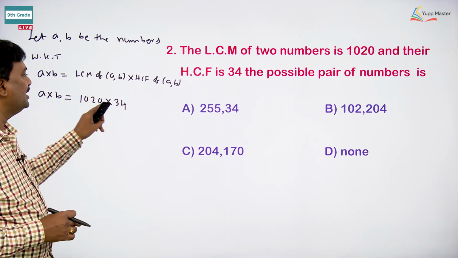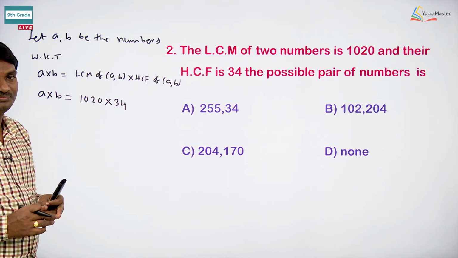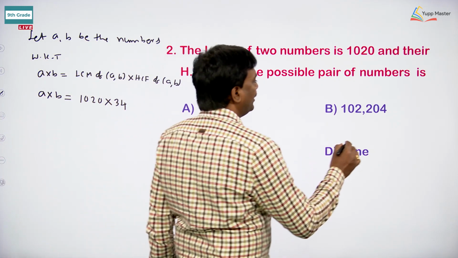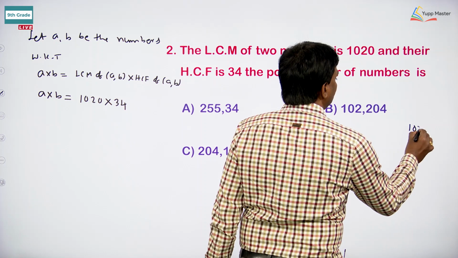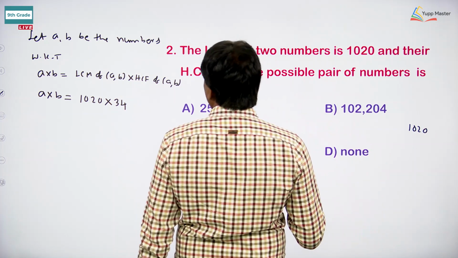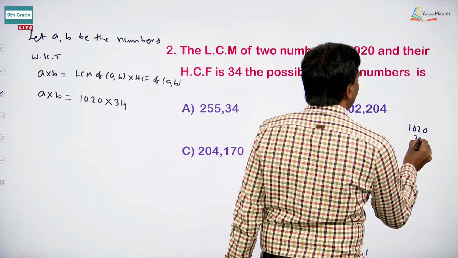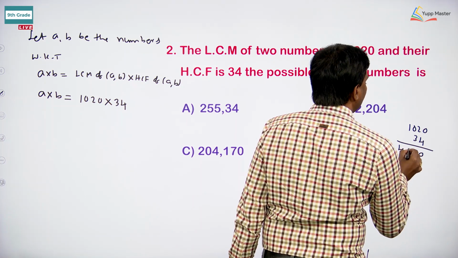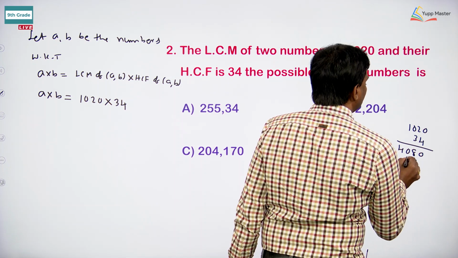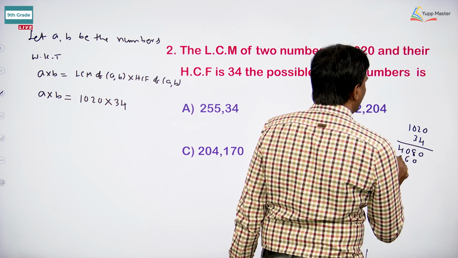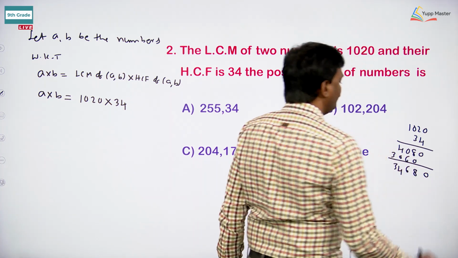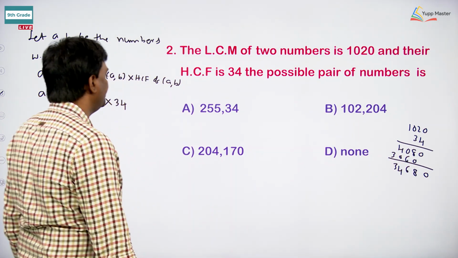Here, if you multiply 1020 by 34, what do we get? 4 into 0 is 0, 4 into 2 is 8, 4 into 10 is 40. 3 into 0 is 0, 3 into 2 is 6, 3 into 10 is 30. Adding, we get 34,680.